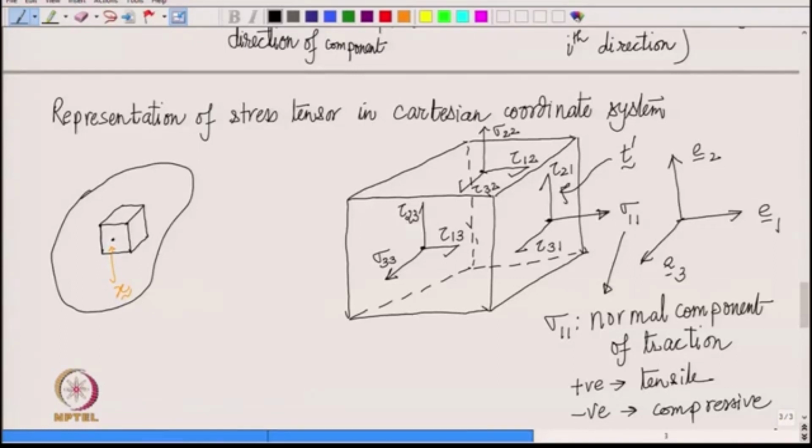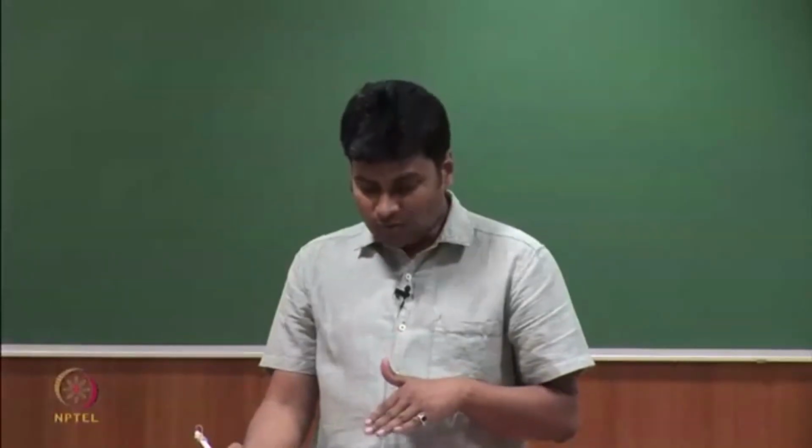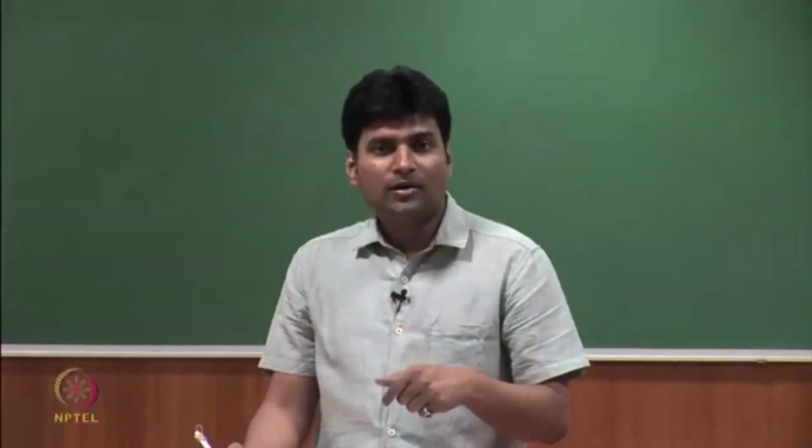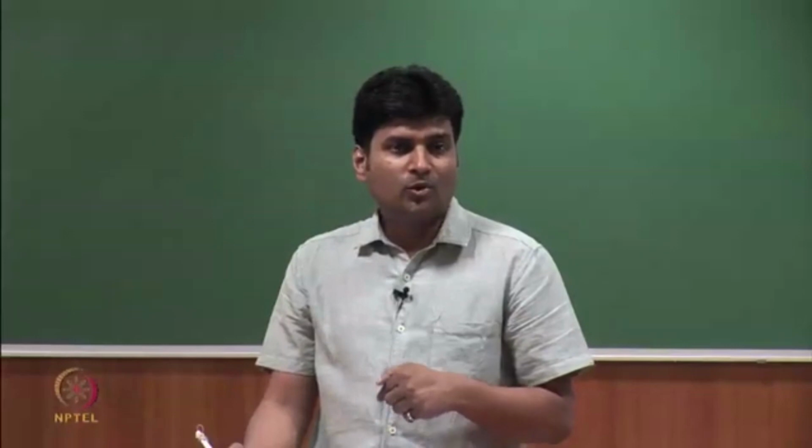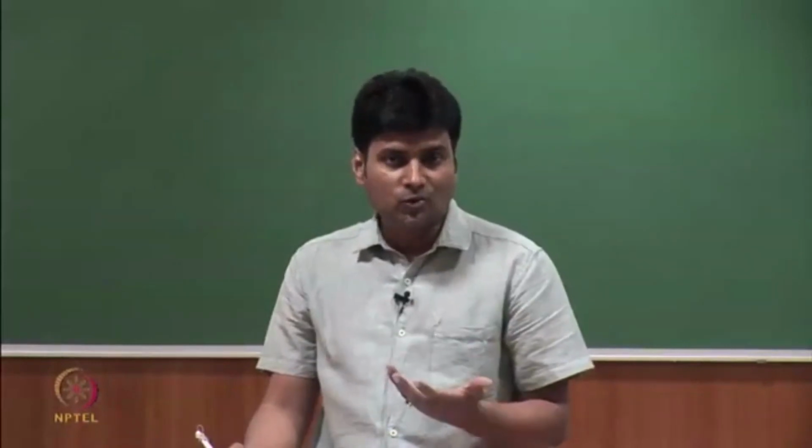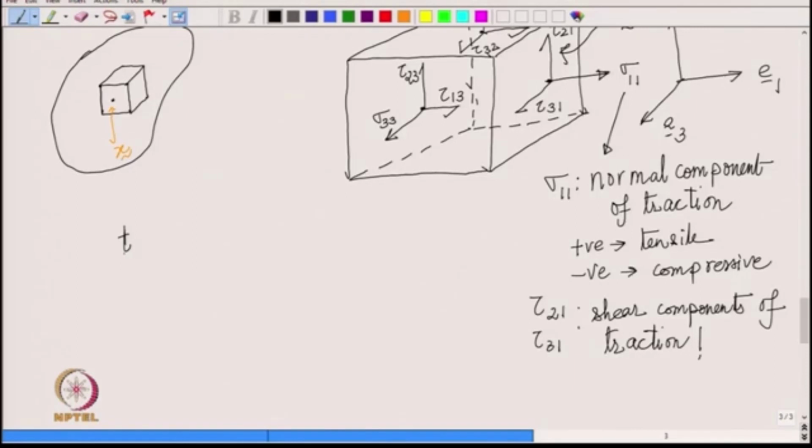Okay. What happens on the bottom plane? The bottom plane is the one with normal along minus E2. So, what is t minus 2? We have seen that t minus 2 is equal to minus of t 2. For t 2 we drew the three components: sigma 2 2, tau 1 2 and tau 3 2.